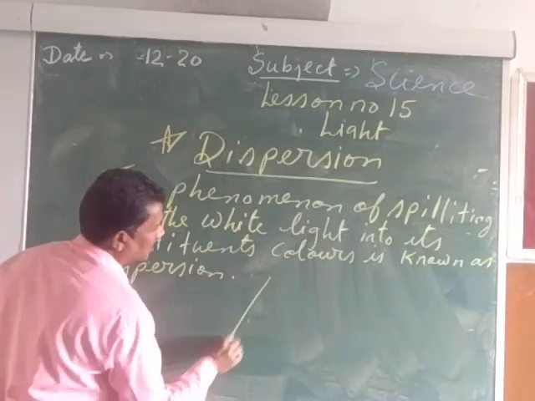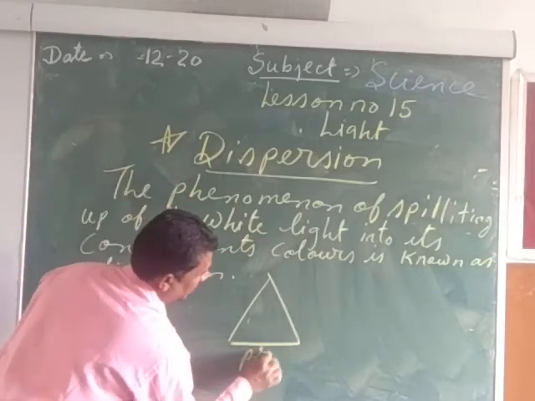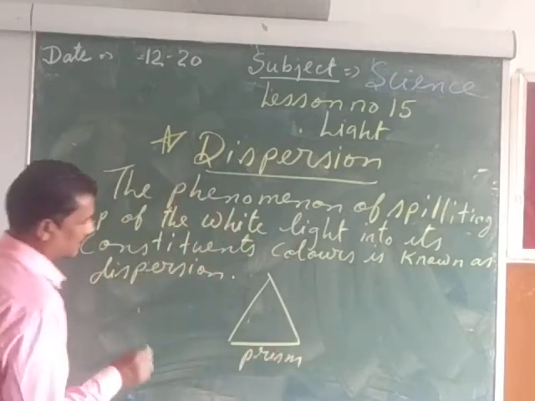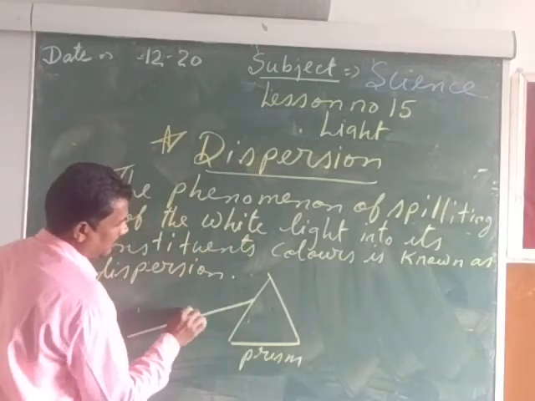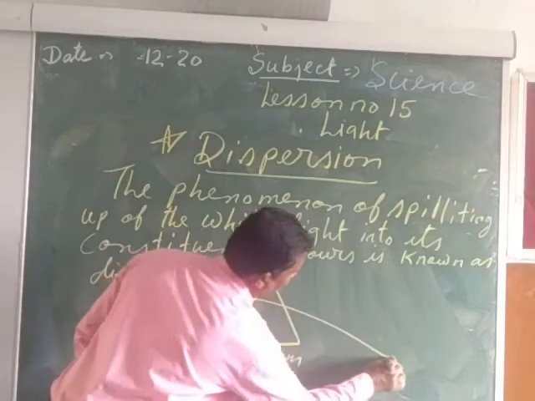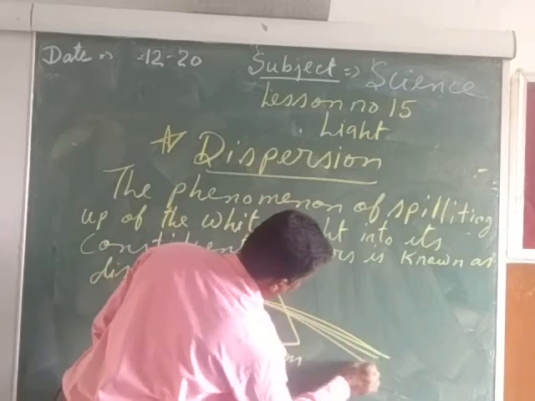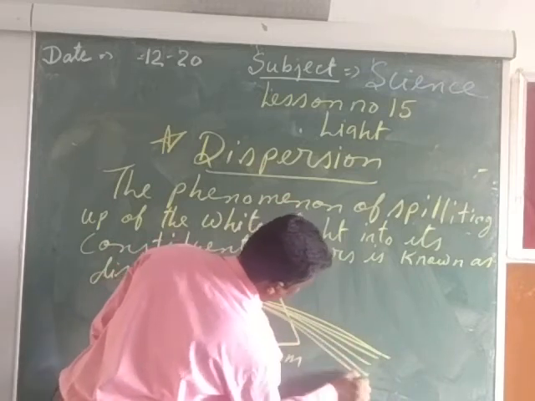So you see, my children, suppose this is a prism. When the white light is passing through the prism, this white light is splitting into the 7 constituent colors. See, my child?